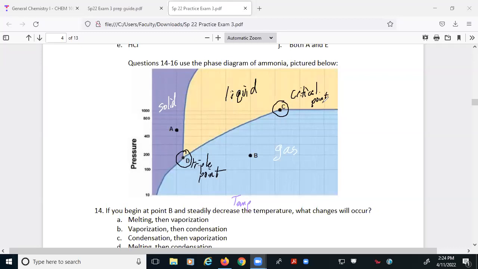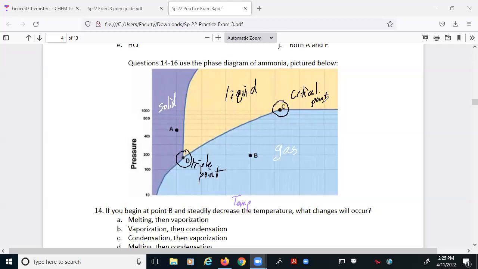The critical point would represent that point, that temperature and pressure condition, where we could no longer tell the difference between gas and liquid. So that's why the line flattens out. Because at this critical pressure, that is the last pressure that we can tell the difference between the two. After that, it kind of goes into what we call a supercritical fluid.